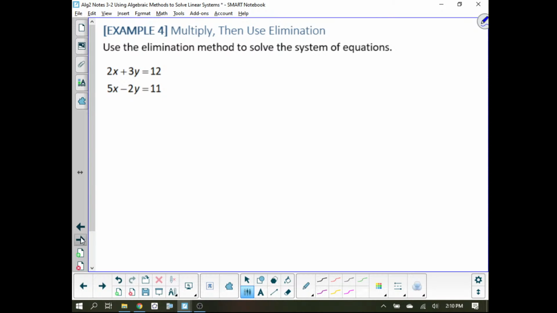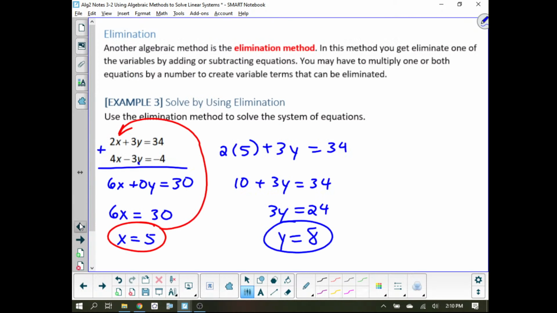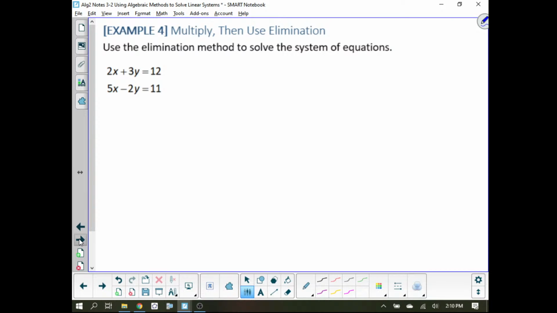So I would probably not use substitution. Now, if we try elimination, if I just add or subtract, do any of the variables drop out? No. So we're going to have to manipulate this. We can make it so that a variable drops out. So how do we do that? Well, if we go back to the previous one, the reason the y's dropped out is that they had opposite coefficients. So the goal is to get two coefficients to be the opposite number. So let's say I want the y's to drop out again.